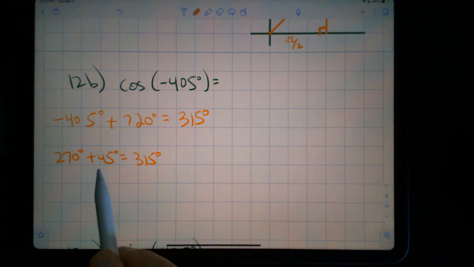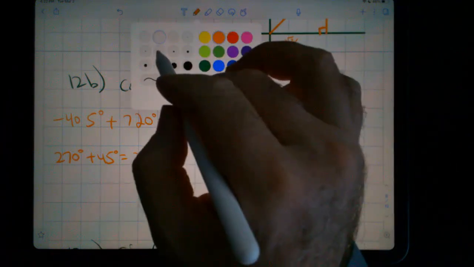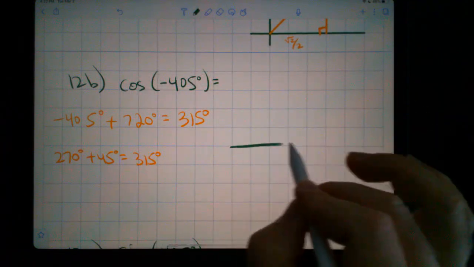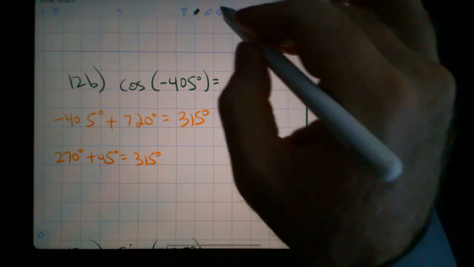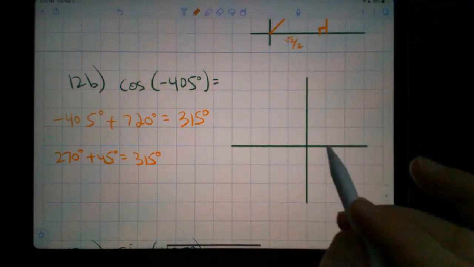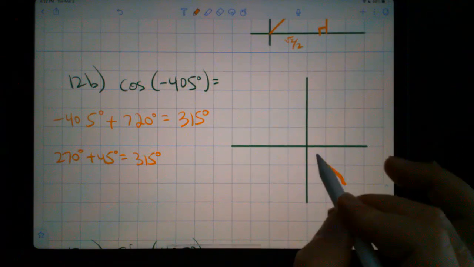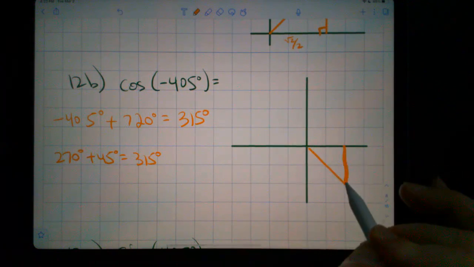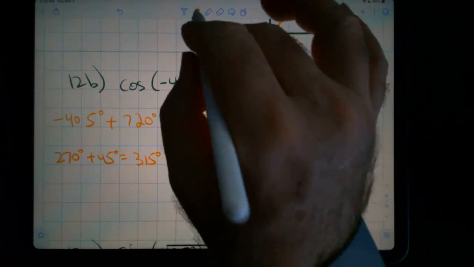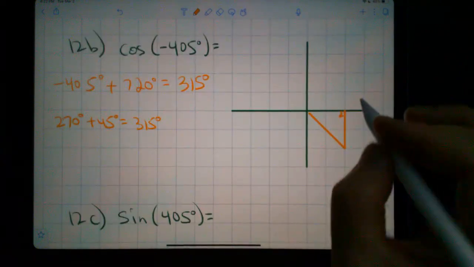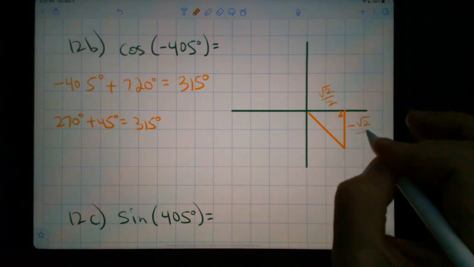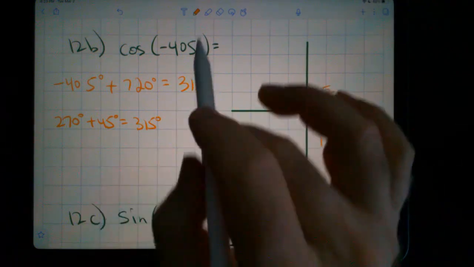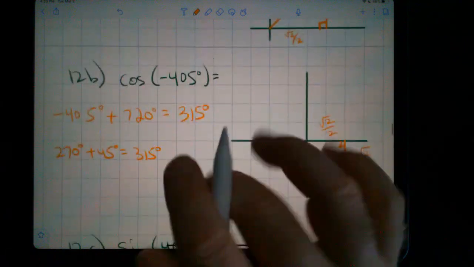So we're going to be in quadrant 4. And this is going to be positive radical 2 over 2. This will be a negative radical 2 over 2 and a 1. Now, cosine is your x value, so this is going to be radical 2 over 2.